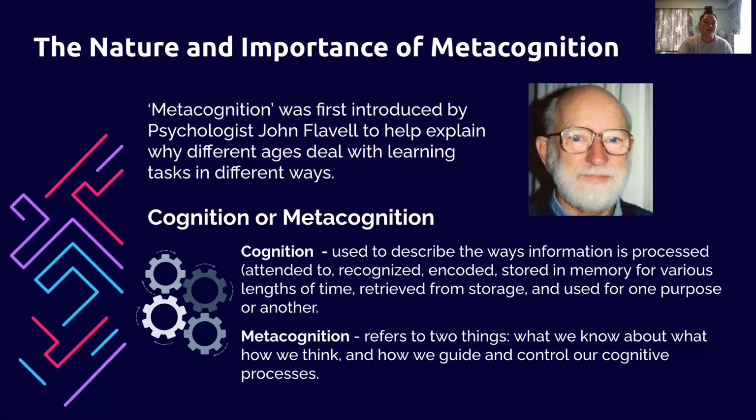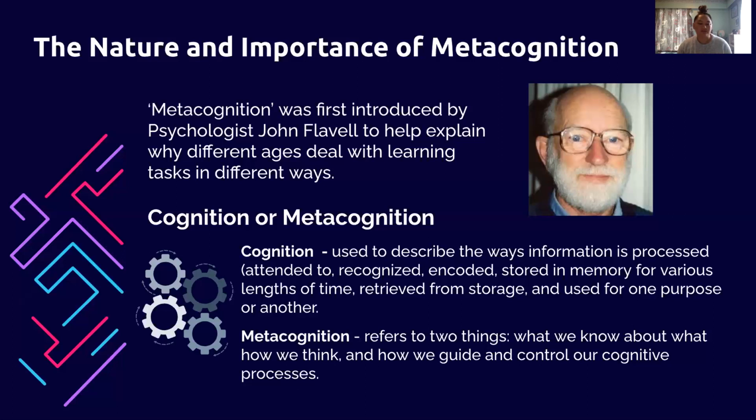On the slide, we've got cognition, which is used to describe the ways information is processed, or basically attended to, recognized, encoded, stored in memory for however amount of time, and then how we retrieve it from storage and use it. But when we're looking at metacognition, like I said, it's referring to two things. What we actually know about ourselves, what we know about how we think, and how we're able to guide and control our cognitive processes.